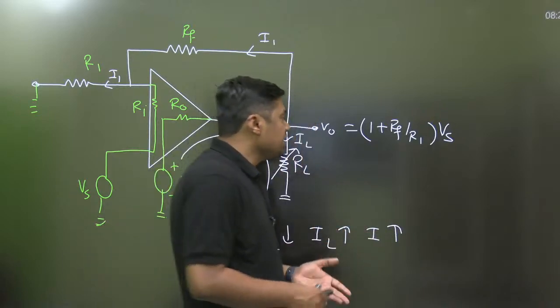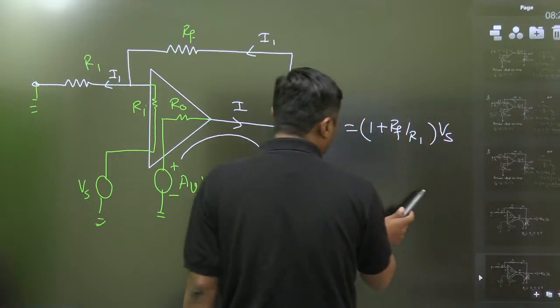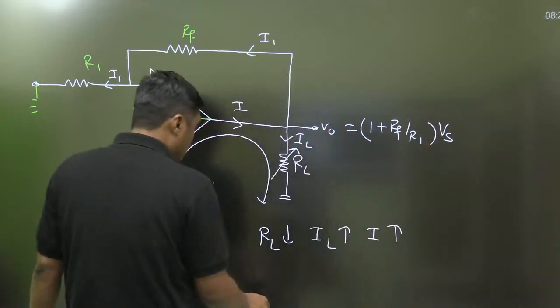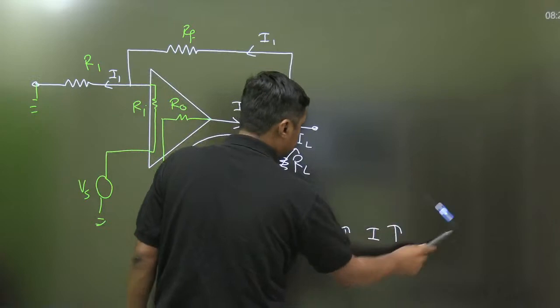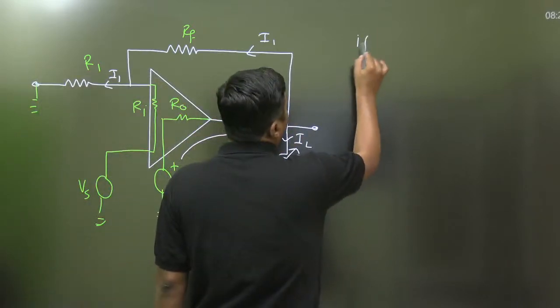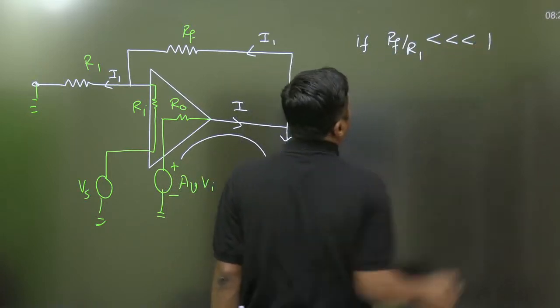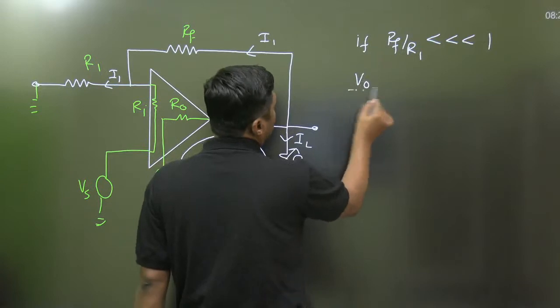Then that circuit is called what? Voltage follower. In the same circuit, if RF by R1 is very much less than 1, then what will be the gain?